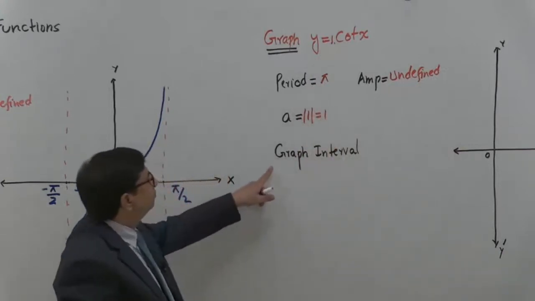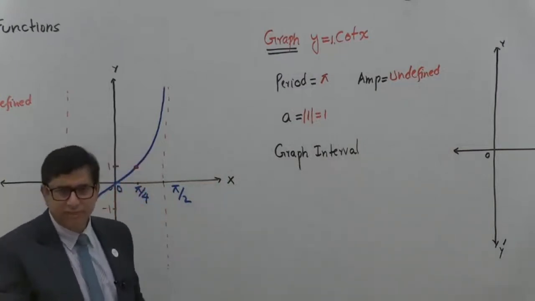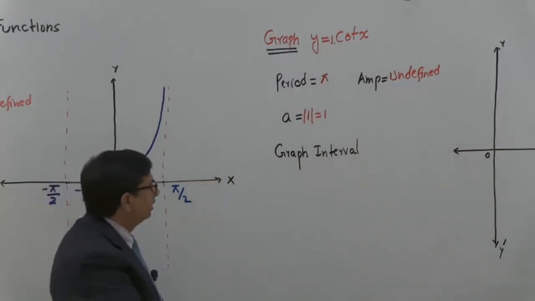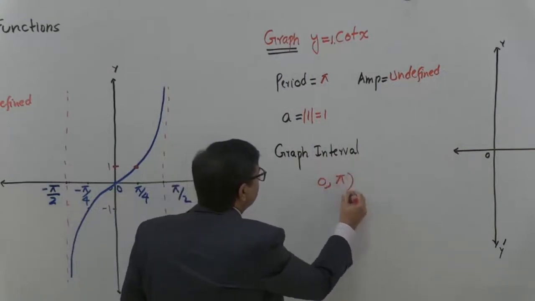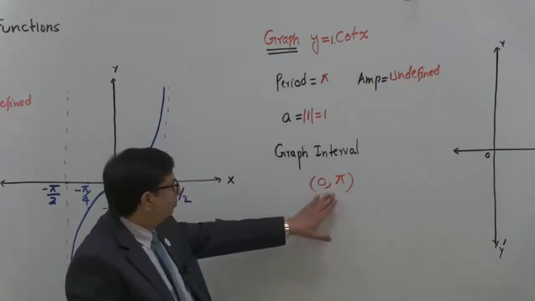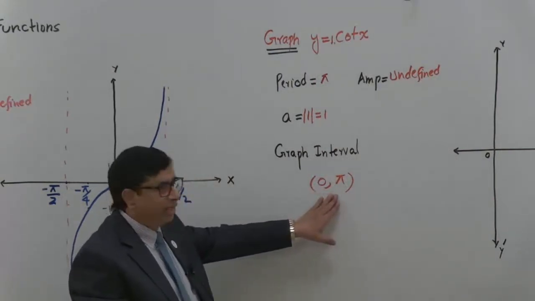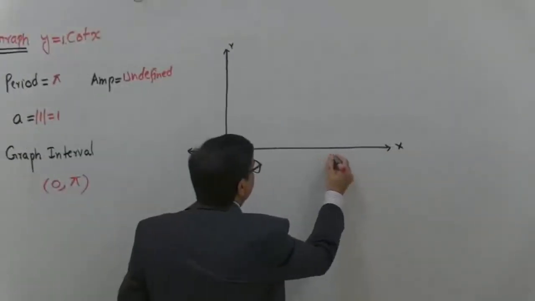Graph interval. This is a cotangent function. Its graph interval is from 0 to pi. 0 to pi means the graph exists between 0 and pi. So this is on the right side of the y-axis line, this is pi.